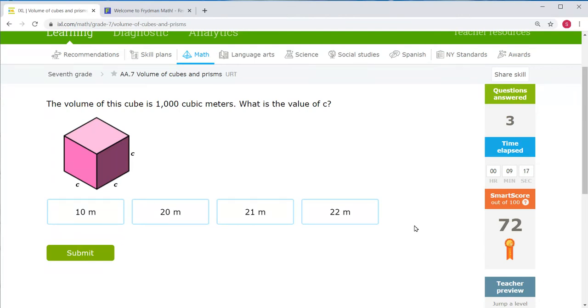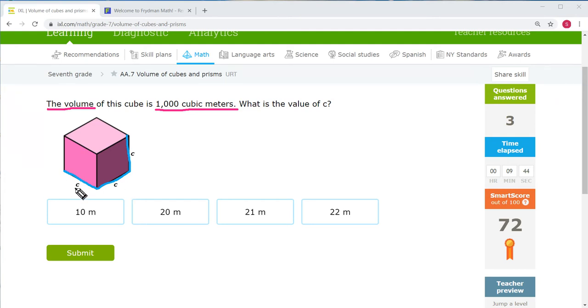Okay, so this one is different. This one says that the volume is 1,000 cubic meters. So this time we do not know what the side lengths are. We do not know what this is, or this, or this.